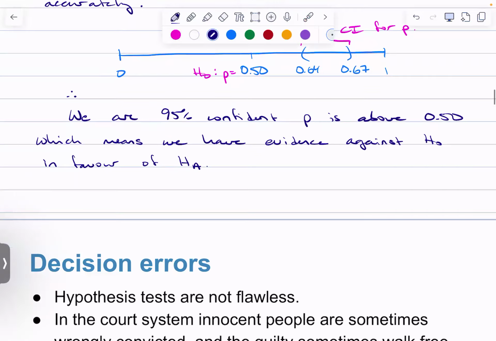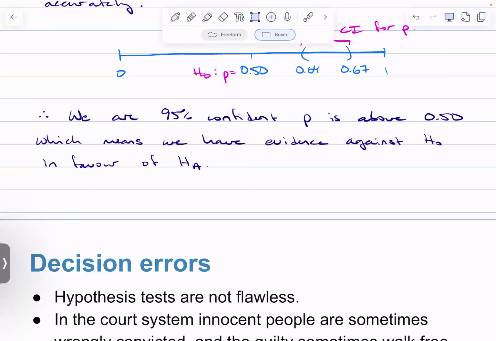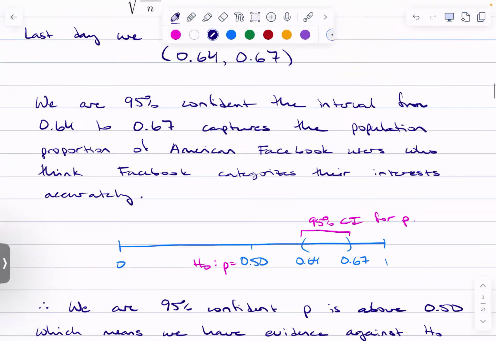And so therefore, another therefore, I guess, put this down here. Which means we have evidence in favor of HA. We conclude a majority of American Facebook users who think Facebook categorizes their interests accurately.